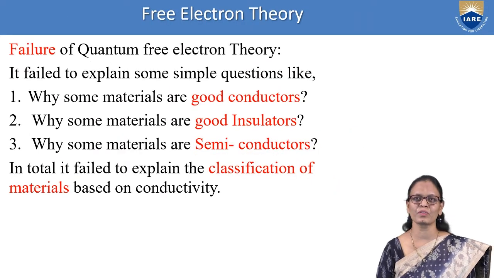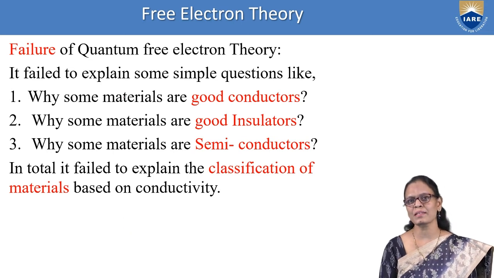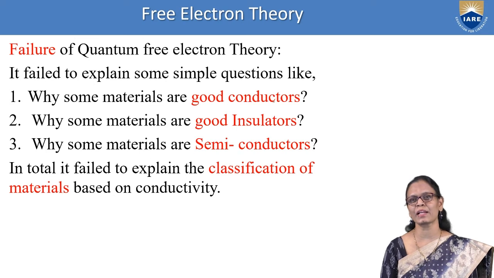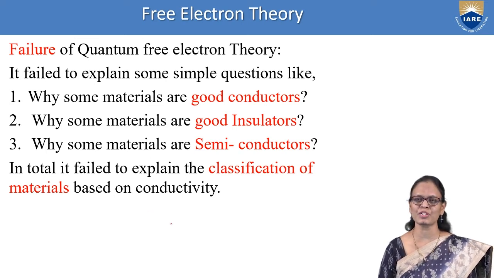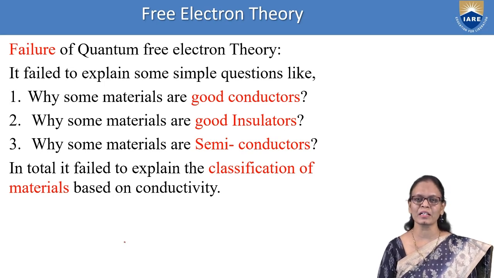Now, what is the failure of quantum free electron theory? It failed to explain some simple questions like why some materials behave like good conductors. Because when they could explain the thermionic emission, thermal conductivity and temperature dependence, then all materials which have free electrons should conduct and should behave like good conductors.